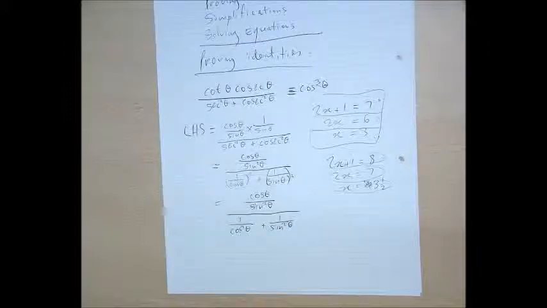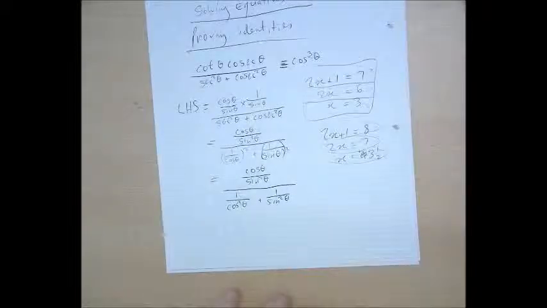Should I do trigonometry or should I do algebra? What's your call, Emma Smith? You got any clever thoughts? Yeah, let's do something with the bottom. What should we do? It's not an equation.